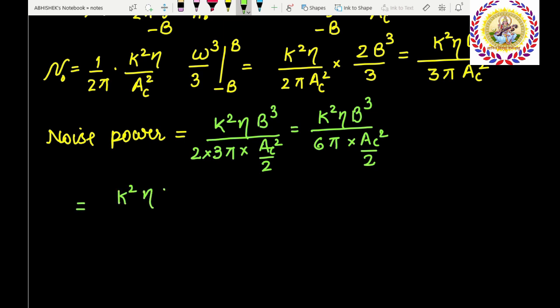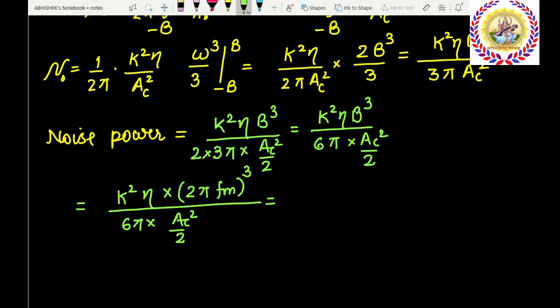N naught is equal to k square eta into (2 pi fm) whole cube divided by 6 pi into AC square by 2. In this expression, AC square by 2 can be considered as the carrier power.